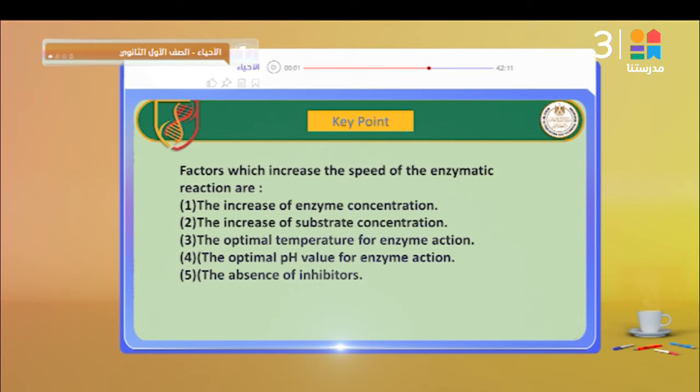The optimal temperature for the enzyme action: if the enzyme is working efficiently at the optimal temperature, then by changing the temperature it stops or decreases until stopping completely. The optimal pH value for the enzyme action, and the absence of inhibitors.